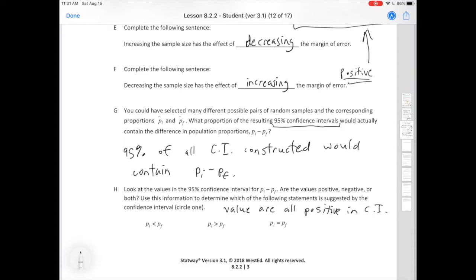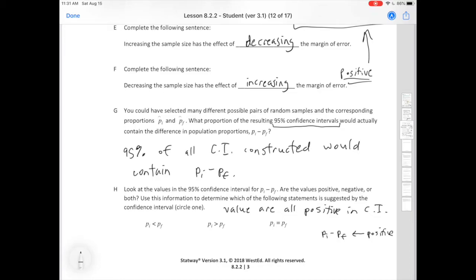Because look, the first question it asks is, are the values positive, negative, or both? The values are all positive. And then it says, use this information to determine which of the following statements is suggested by the confidence interval. So now we have to think a little bit, okay? If you take two numbers and you subtract them, and this gives you a positive number, what does that mean?